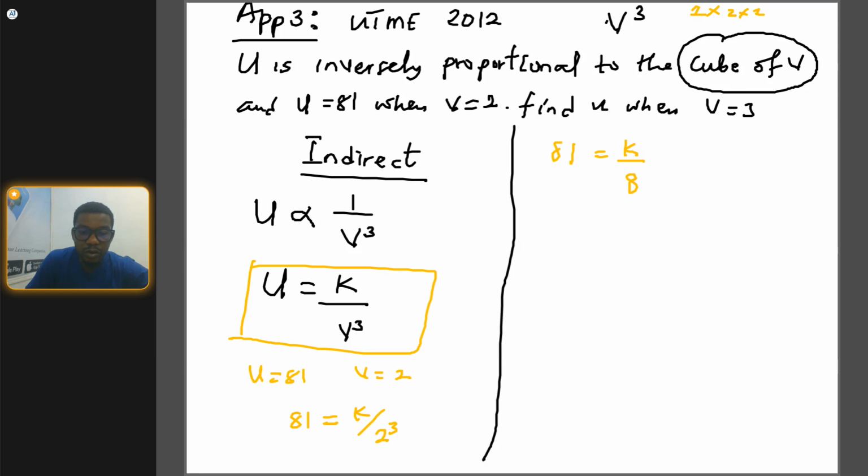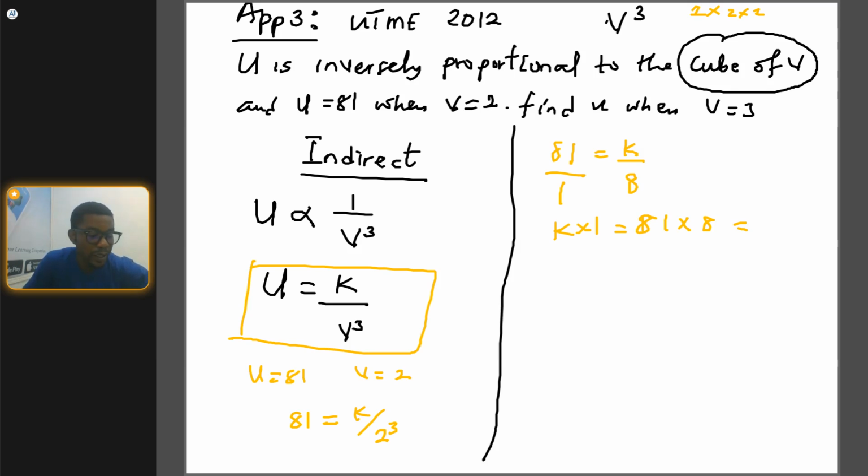We have 81 over 1 equals k over 8. By cross multiplication, I'm going to have k times 1 equals 81 times 8. So I need to simplify that by multiplication.